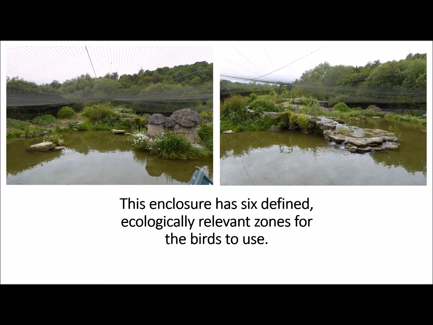And we can also consider the shrubs and denser planting around the edges of the enclosure as a biologically relevant zone too. All of these things will be used by the birds at different times of the year and for different reasons. Therefore, our best estimation of spatial use in this enclosure is to break it down into ecologically relevant zones and to apply the modified SPI formula to where we see the birds from our observational data collection.